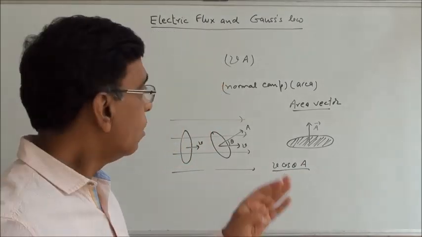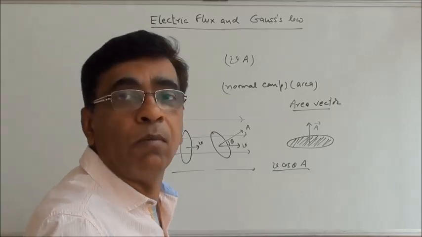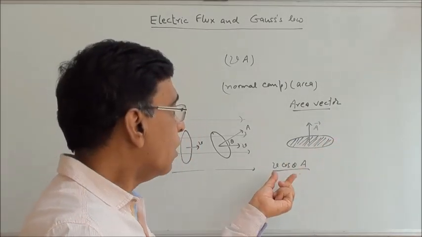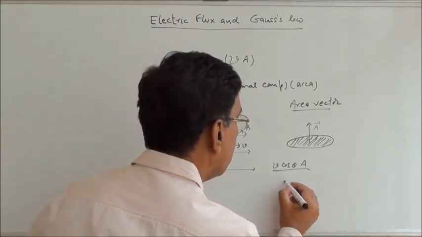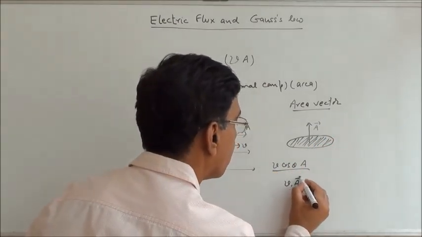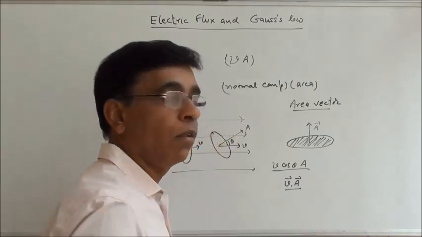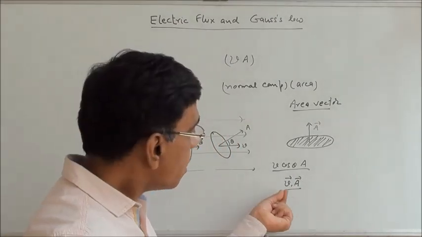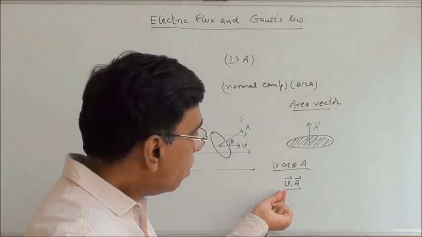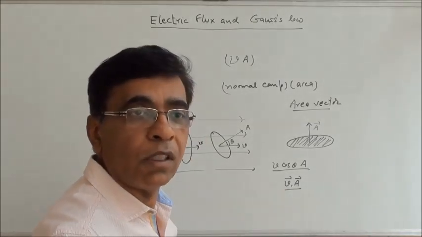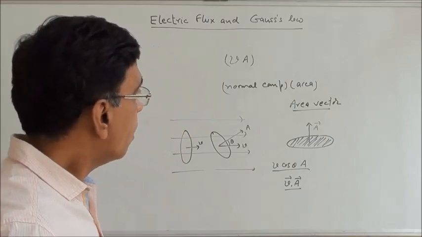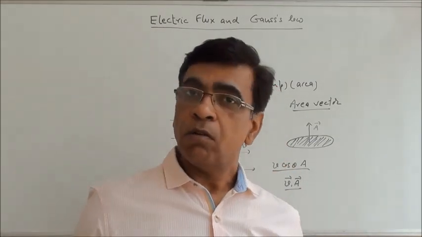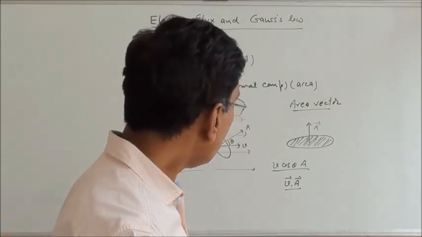So this is how we can define flux: normal component of velocity multiplied by area. If it is at some angle, I need to take an angle, or I can simply write it V dot A, dot product of velocity and area vector. So this gives me the flux of velocity, and it is actually giving me the volume of the liquid coming out through a given area.